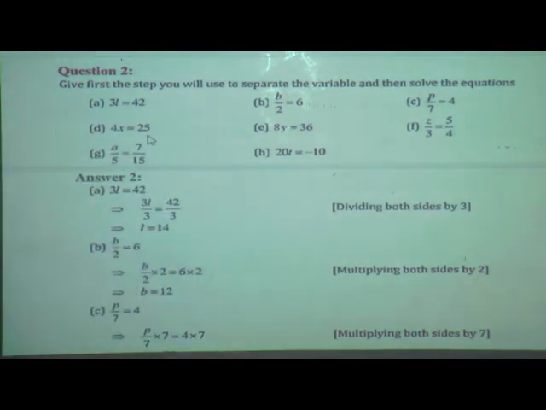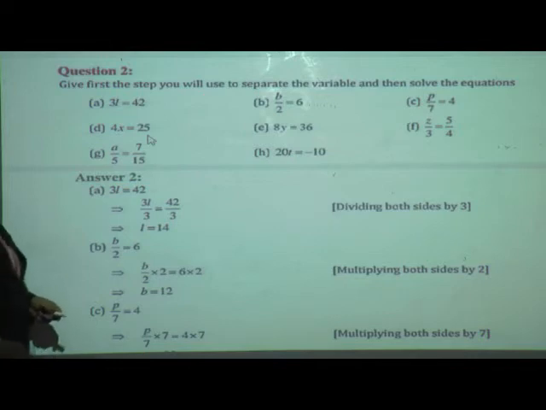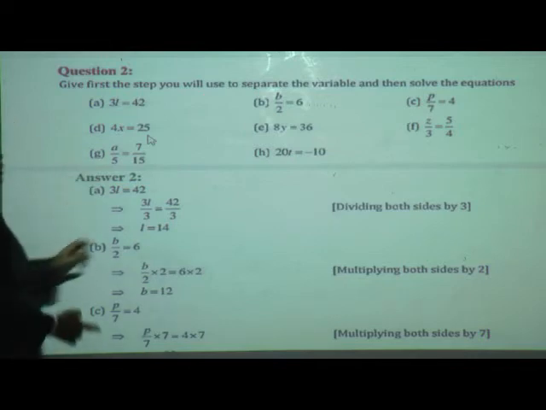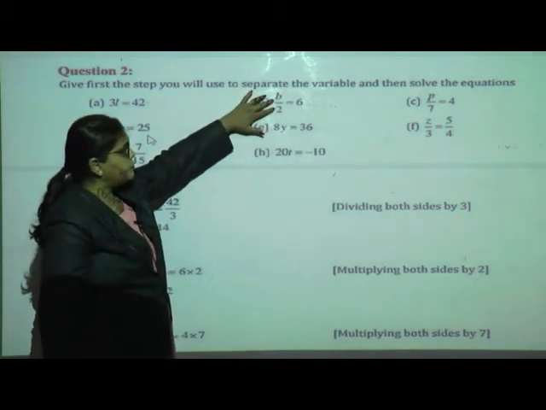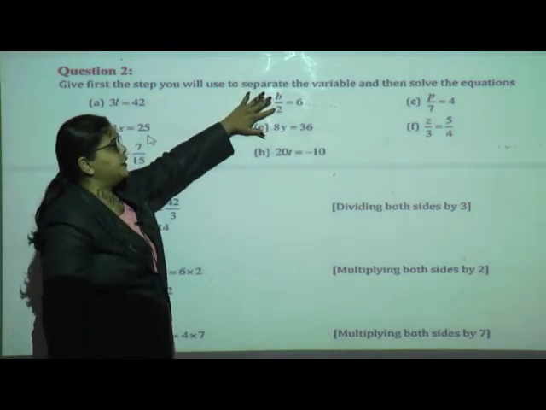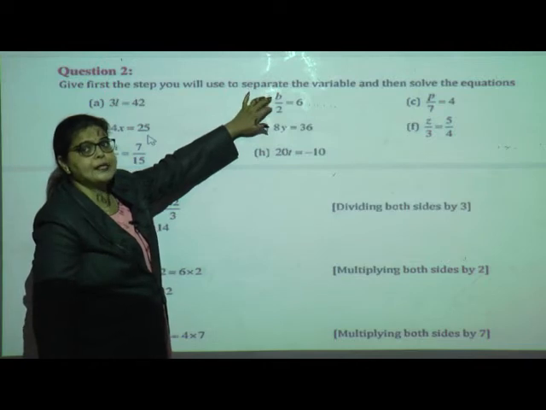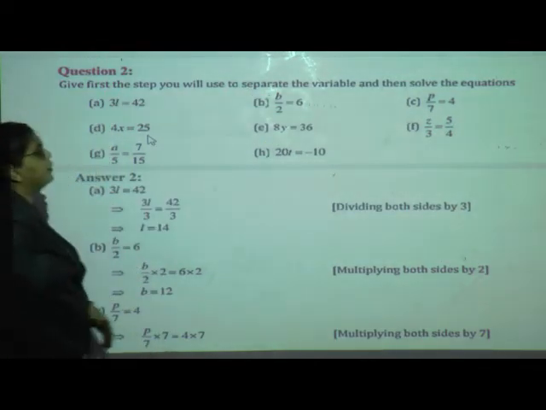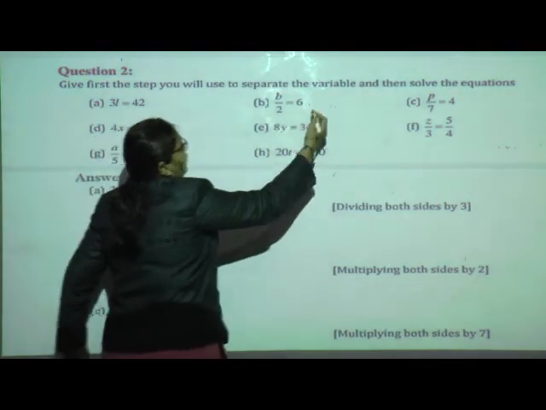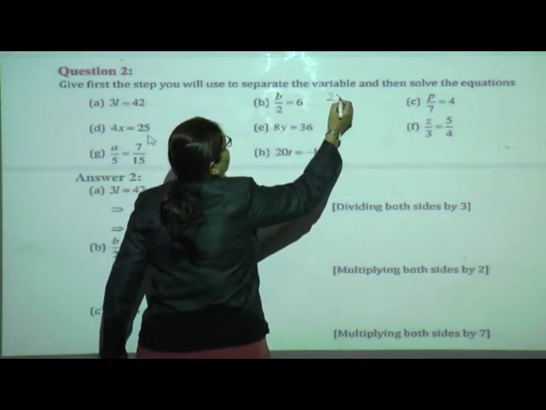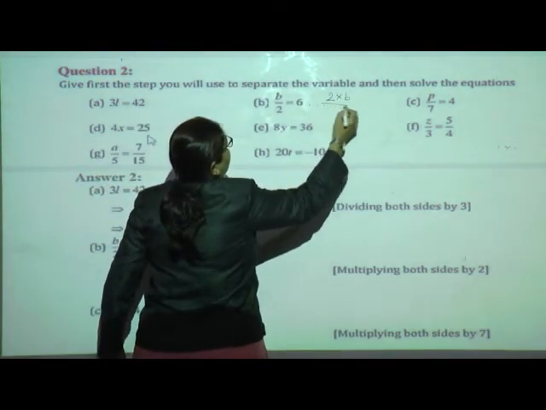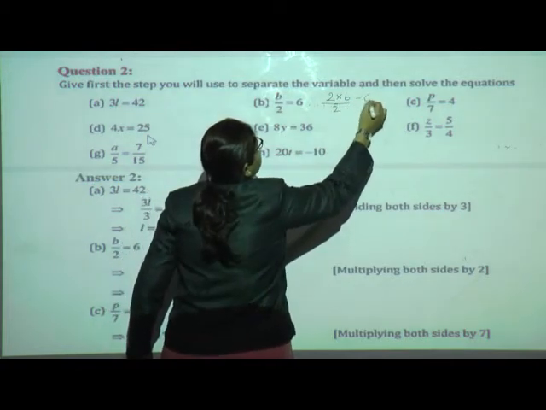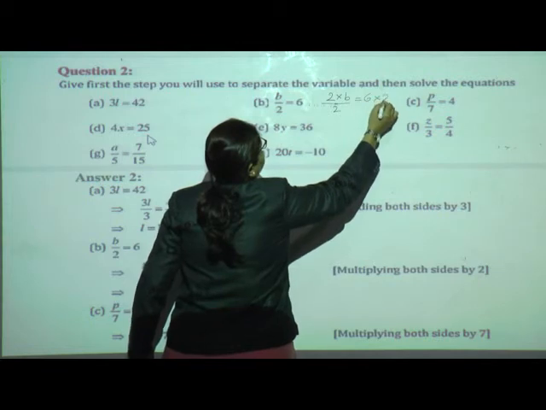One more example we will see. B upon 2 is equal to 6. Here we already have a denominator, which is a division. So what we have to do is a multiplication. So 2 multiplied by B upon 2 is equal to 6 multiplied by 2.